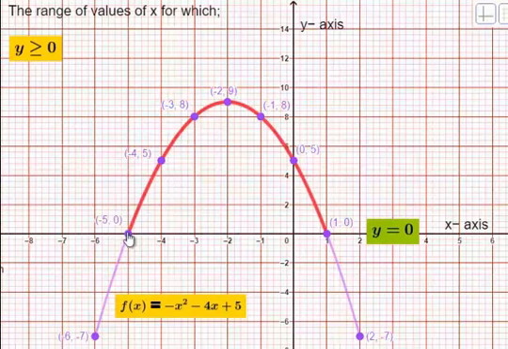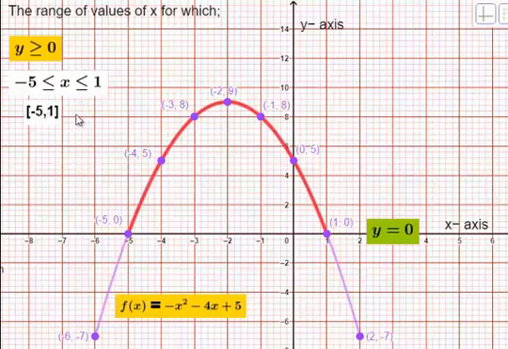So for this point, -5, 0, we write the -5 and it should be included in our answer. And for 1, 0, we write 1 because we need the values of x, and it should also form part of our answer. So the range of values of x for which y is greater than or equal to 0, when we write the answer in inequality form, we have x is greater than or equal to -5 but less than or equal to 1. All these x values are included in our answer.